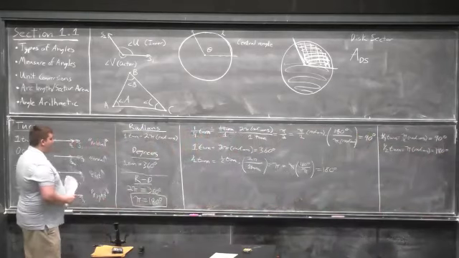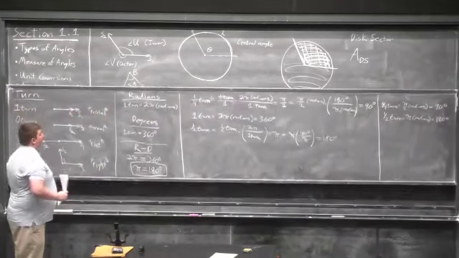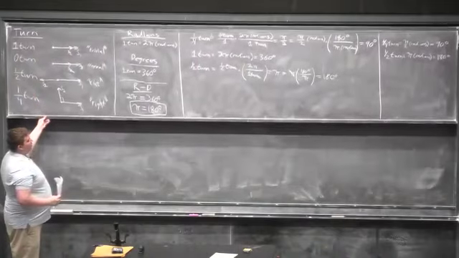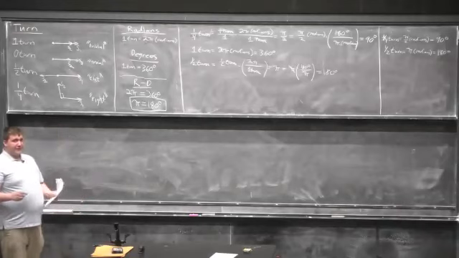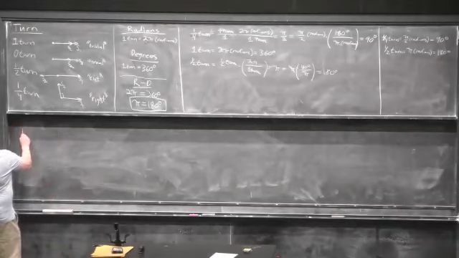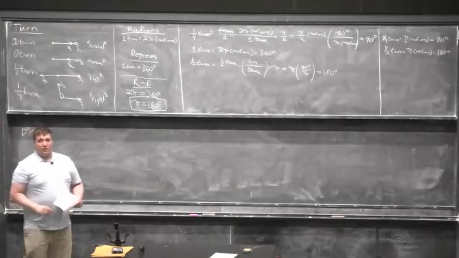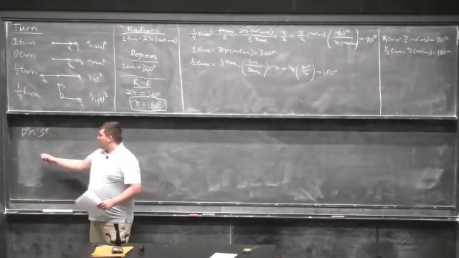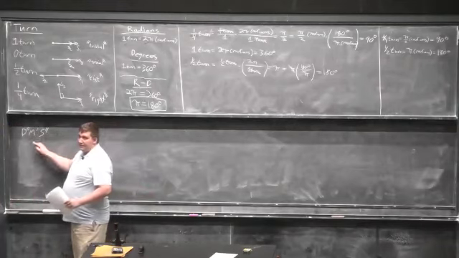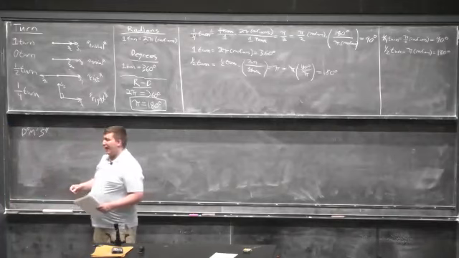So now we're going to introduce one more type of measure, and that is degrees, minutes, seconds. How I like to think about it is that this minutes is like minutes, seconds, seconds, and think of the degrees as hours.